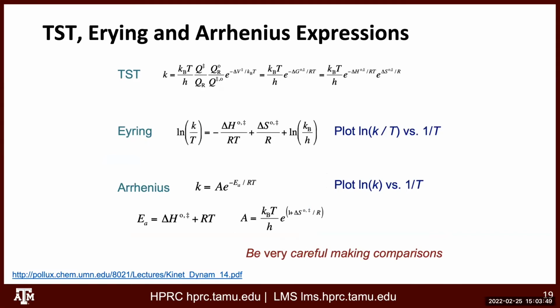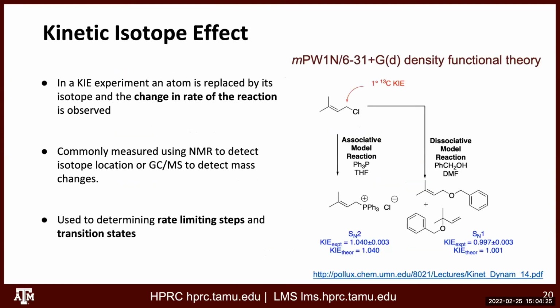Transition state theory, the Eyring equation and the Arrhenius equation have different expressions for the rate constant. Transition state theory uses the Gibbs free energy, while the Arrhenius equation uses the activation energy, and they differ by an entropy term. So be careful when making comparisons between these different expressions.